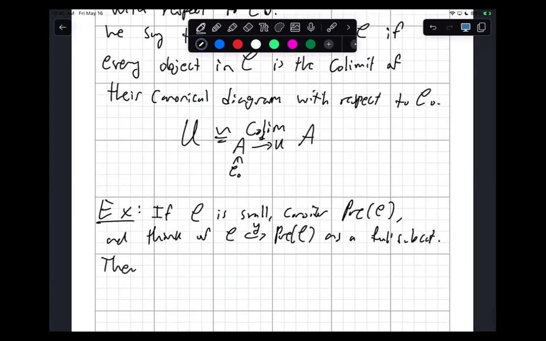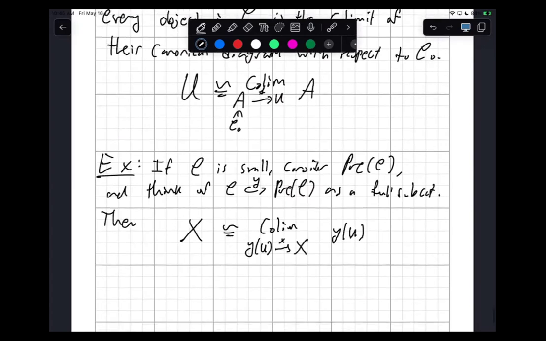Then every pre-sheaf is a colimit over all of its maps from representables. This is called the co-Yoneda lemma. Okay, so this is the result that you'll hear people say: pre-sheaves are colimits of representables.